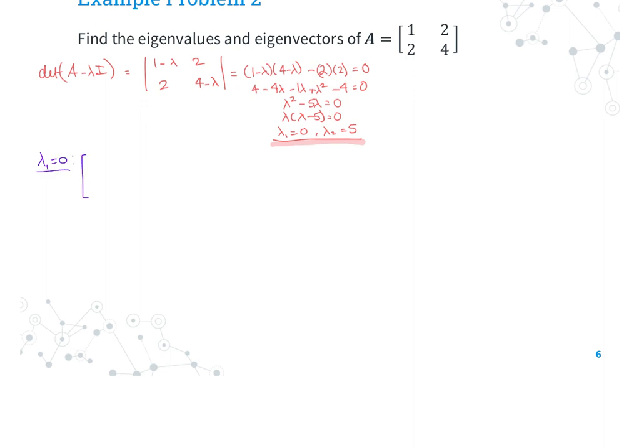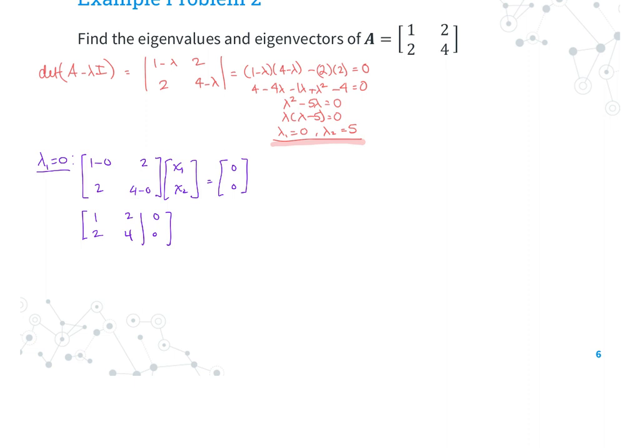If we plug that in, we get 1 minus 0, 2, 2, 4 minus 0, times x1, x2, equaling 0, 0, which would give us the augmented matrix 1, 2, 0, 2, 4, 0.